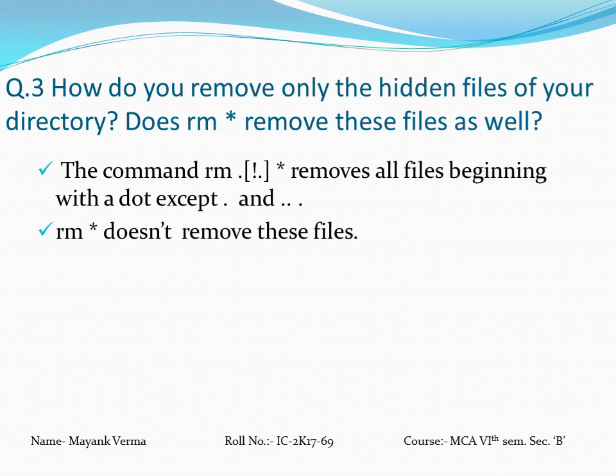The command rm .[!.]* removes all files beginning with a dot except dot and double dot. rm * doesn't remove these files because the asterisk does not match the dot files and remove them.